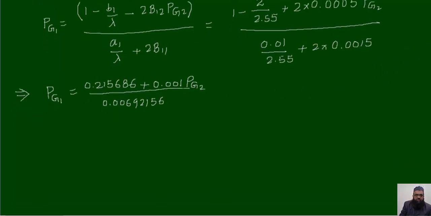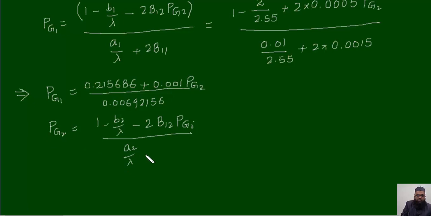So similarly for Pg2, similar to that, using that equation we may write Pg2 is equal to 1 minus B2 upon lambda. Now we will have 1 minus B2 upon lambda minus 2 B21 and B12 are same, so write here B21 or B12, Pg1 here because I is not equal to J in that condition, upon A2 upon lambda because we are writing for Pg2.